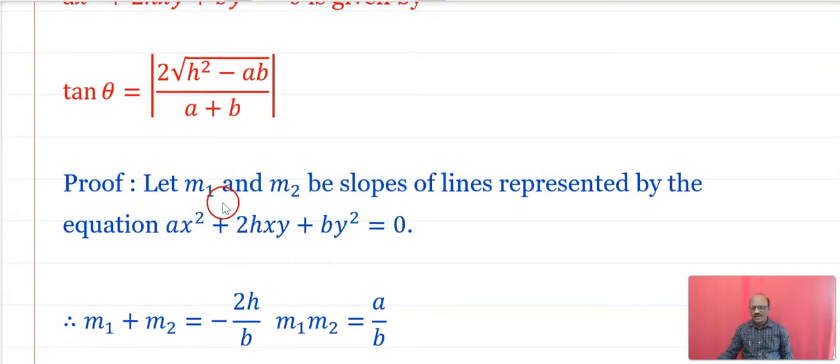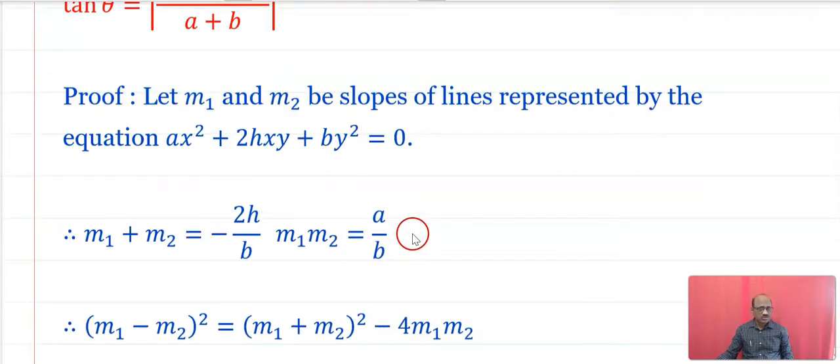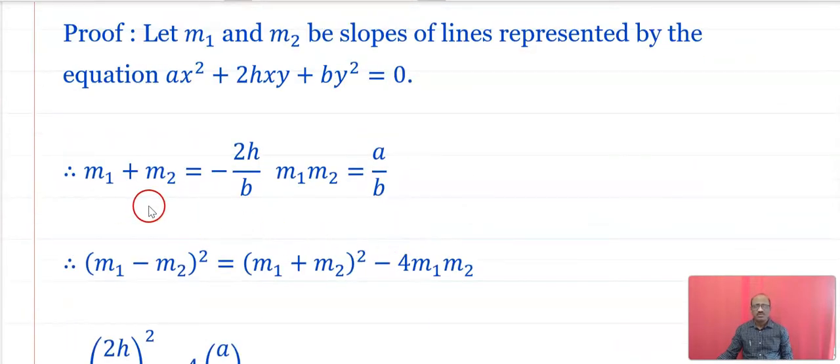Let m1 and m2 be the slopes of the lines represented by the equation ax square plus 2hxy plus by square equals 0. We know the auxiliary equation. What is that auxiliary equation?